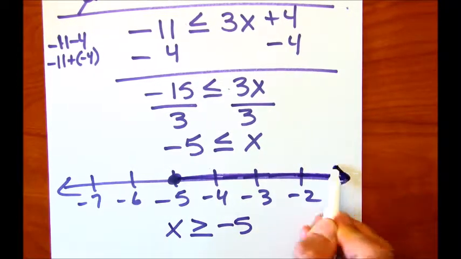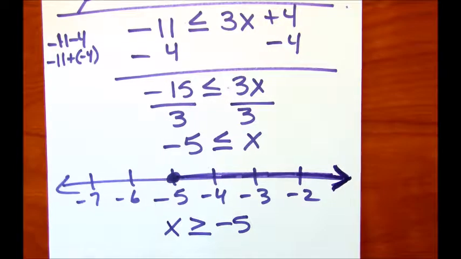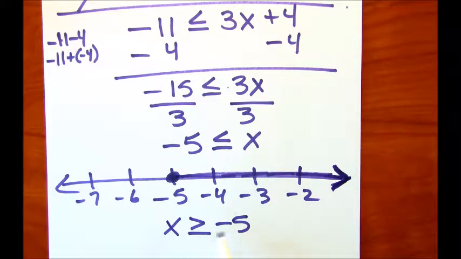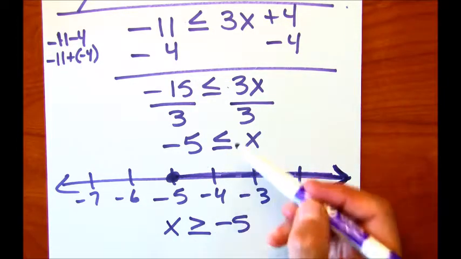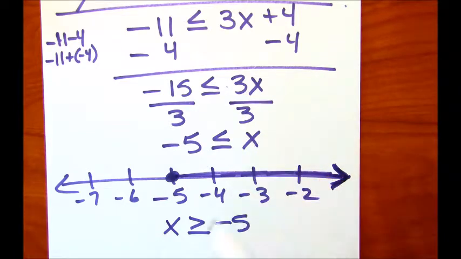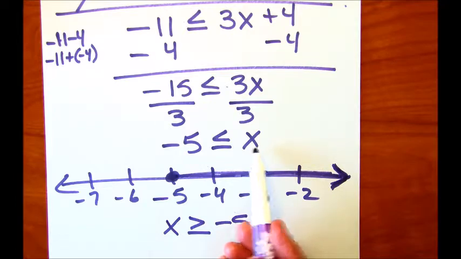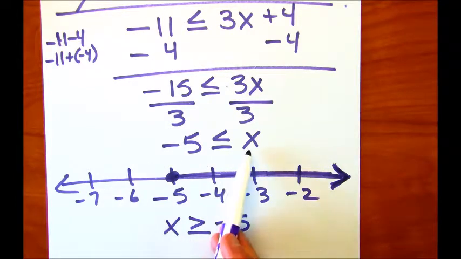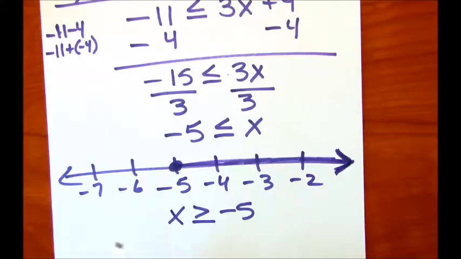Just a side note, the reason I know I switched it in this case, notice that the large opening faces the x, it continues to face the x. So I really didn't do any reversing of the symbols because I'm just doing the mirror image of this. Anyway, I know some of you might be a little confused about what I just did there. All right, now we're going to check. Let's check.